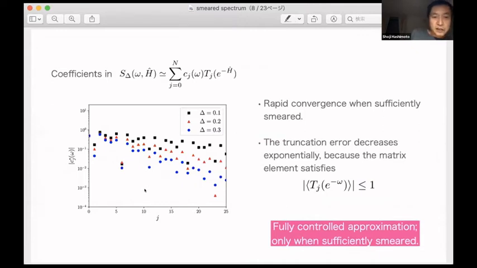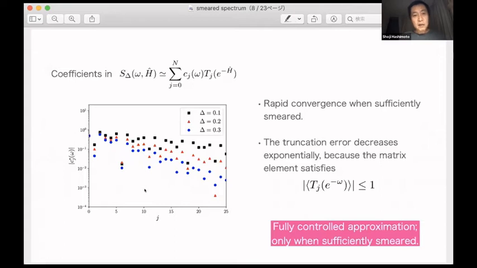And the coefficients of the Chebyshev expansion are like this. Here, the absolute value of the coefficient is plotted against the polynomial order. If you simply look at the blue, which is the widest smearing width in this particular example, the coefficient is exponentially suppressed for the higher orders.